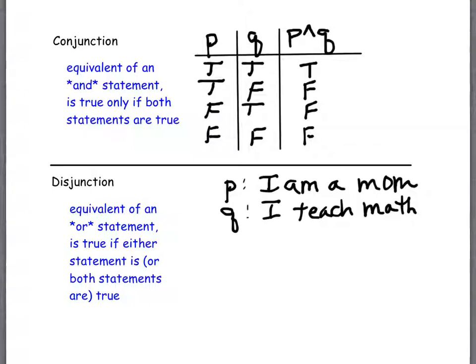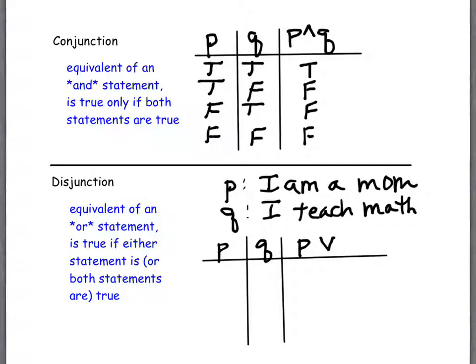Okay? We're going to do the same thing now for a disjunction. A disjunction is an or statement. And we're going to use all those same people that we just had fun talking through. The notation actually looks like a V between the two individual statements.